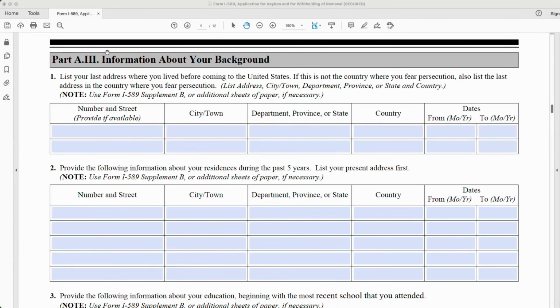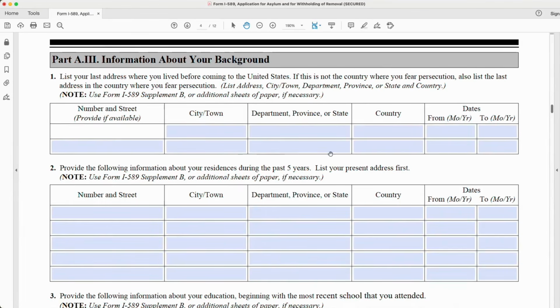But you can do it, question by question. And remember, if you do not know specific dates or names, you can write in approximate dates, or you can write unknown. On question 1, write the last address where you lived before coming to the U.S.